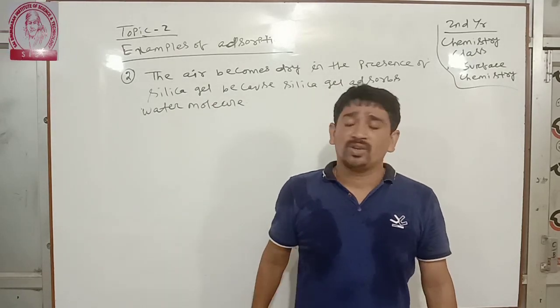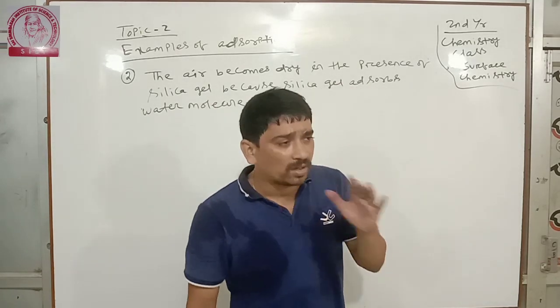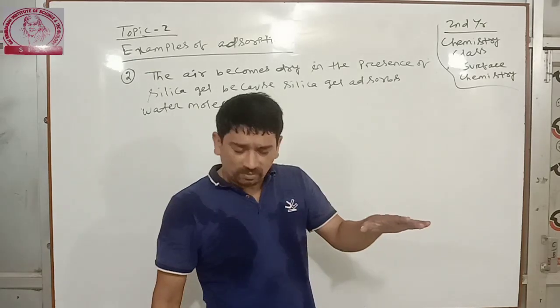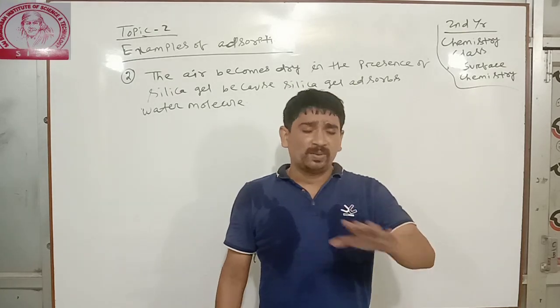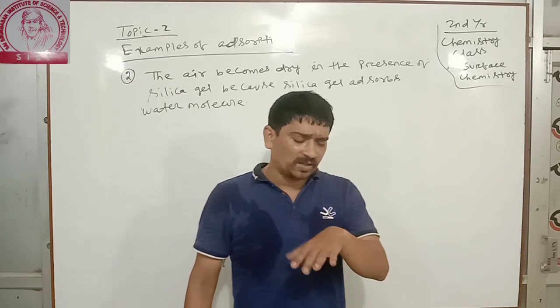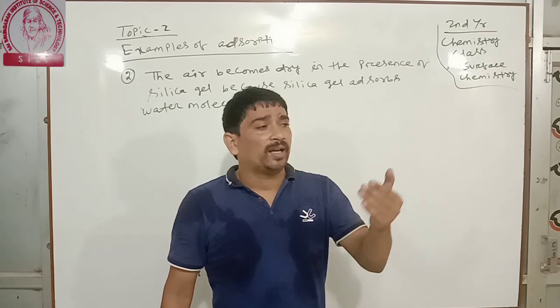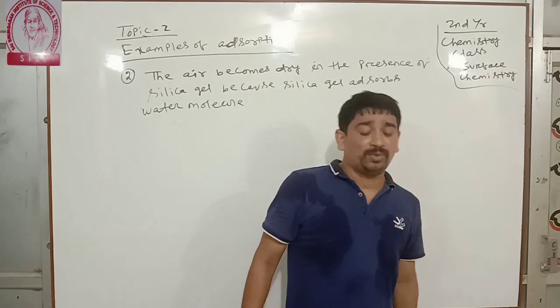Since adsorption occurs on the beds of animal charcoal to prepare white sugar, it is prevented from use in temples.